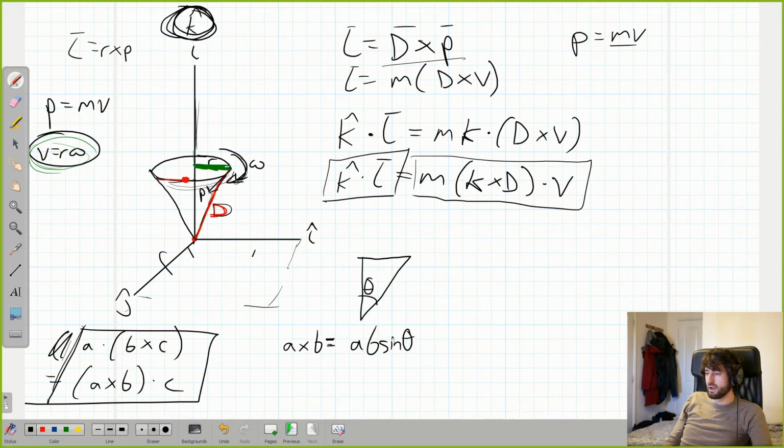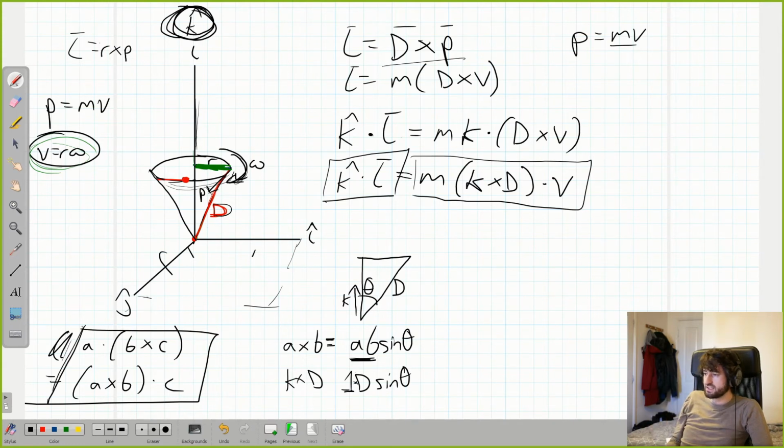We're doing K cross D. K is just this upwards direction, one long, so K has a length of 1. So K times D sine theta is the same as D sine theta, 1 times D times sine theta.